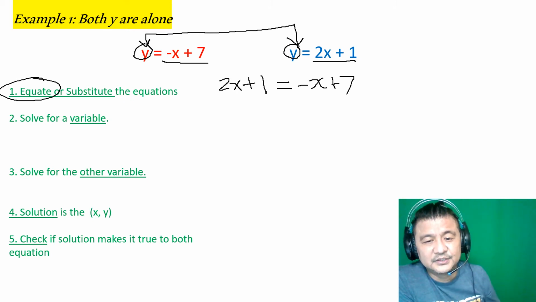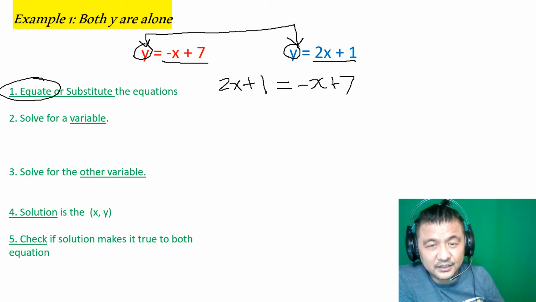All right. Since you see an x on the left and an x on the right, I want to gather them together. So what do I do? I get rid of the minus x, it becomes a plus x on both sides. That cancels out.